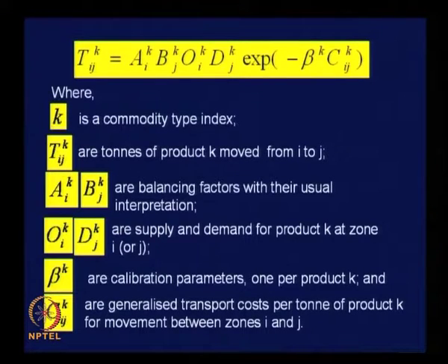So, this is nothing but doubly constrained gravity model, which is already known to us. The only difference is the friction factor here is expressed in terms of generalized cost. So, in this context it is better to know how exactly the generalized cost Cij is calculated in respect of goods movement.